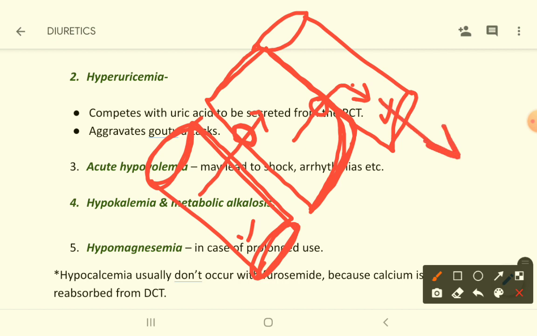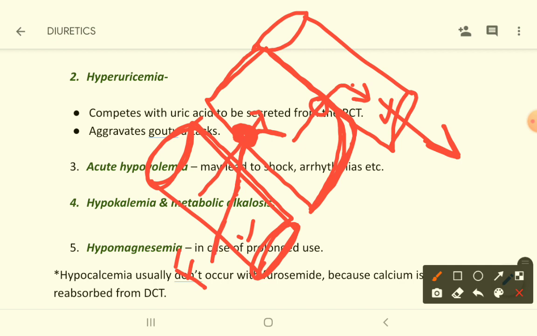What happens here is that furosemide, or loop diuretics, also use this transporter. So furosemide is also secreted into the epithelial cell like this, through this transporter.